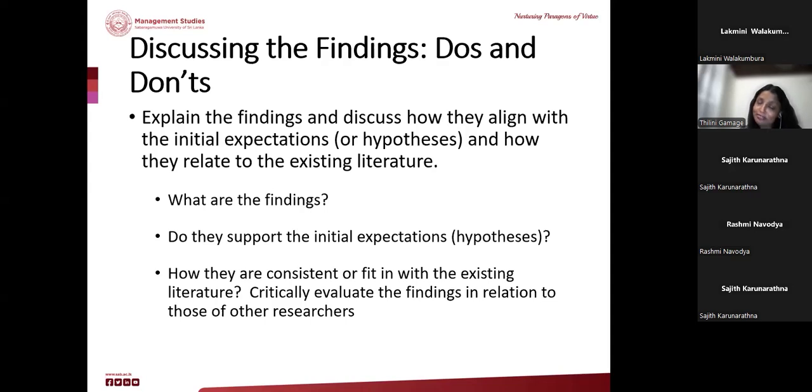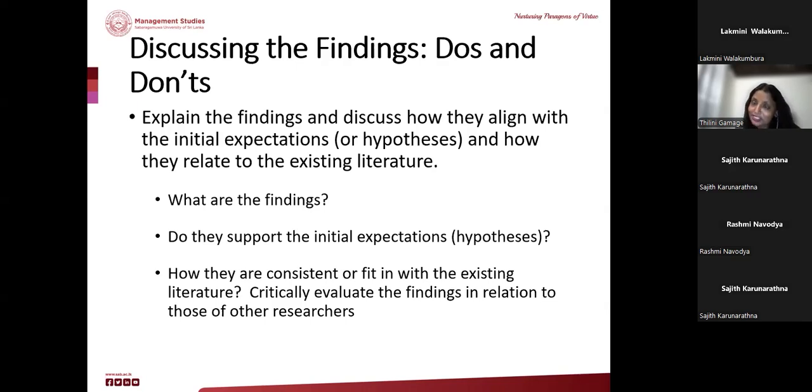Or in case it is a quantitative study, you may have already formulated your hypothesis. So you can interpret the findings and see whether they are in line with your initial expectations or the hypothesis. And also at the same time, you need to see how they relate to existing literature.